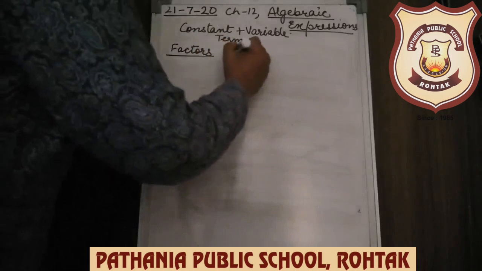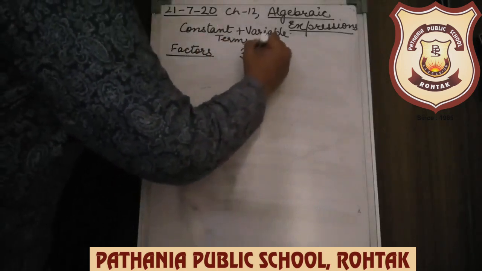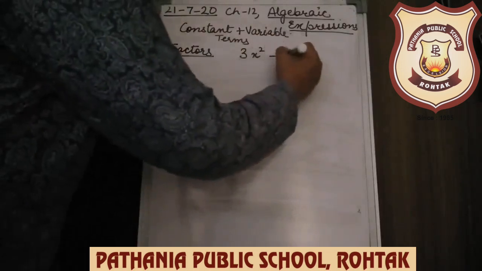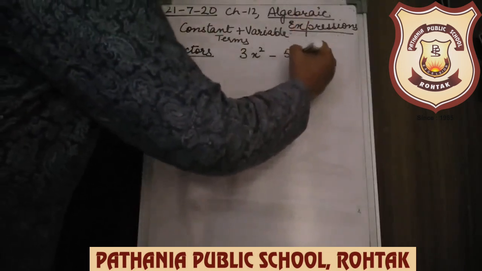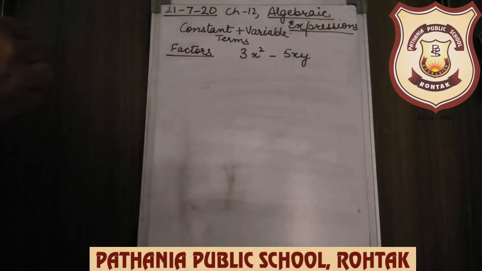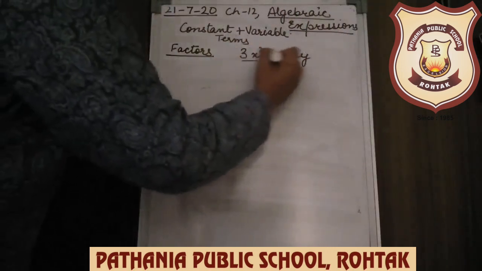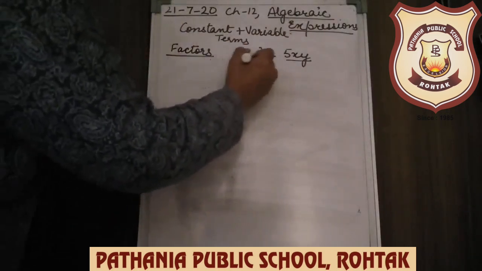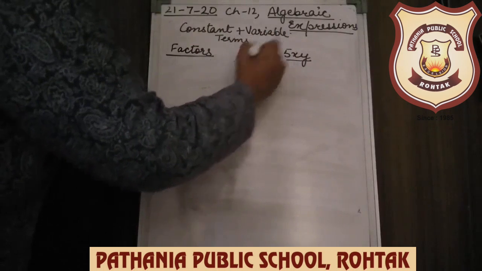Now I will take 3x square minus 5xy. This is an algebraic expression with two terms. The constant for the first term is 3, the variable is x square.